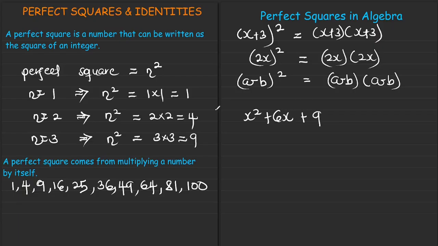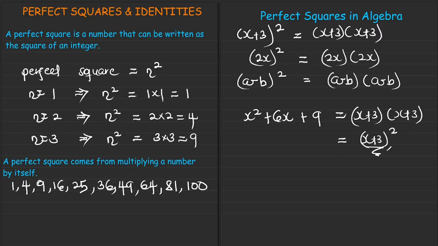If you factorize this, it gives us x plus 3, then x plus 3. Now, as you can see, if we rewrite it, it becomes x plus 3 in one bracket and another bracket x plus 3, which is x plus 3 all squared.